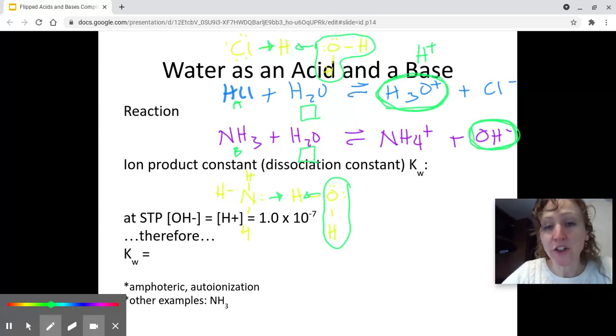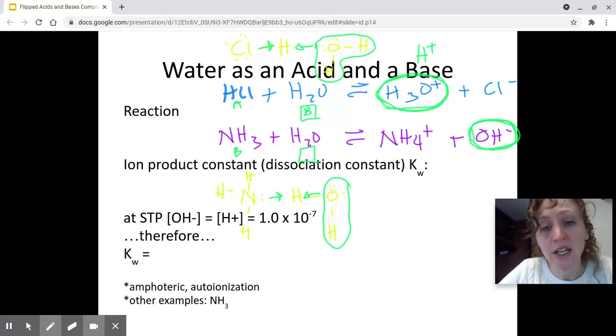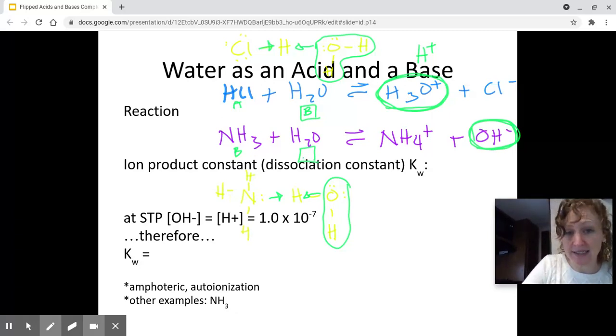So notice in the first equation, if water is successful in winning over this hydrogen, water is going to be the hydrogen acceptor, which makes it a base. In the second equation, if water changes, water is actually the hydrogen donor, which makes water an acid.